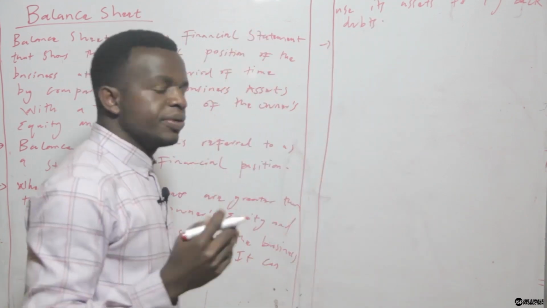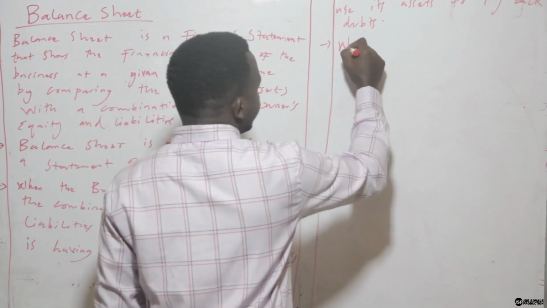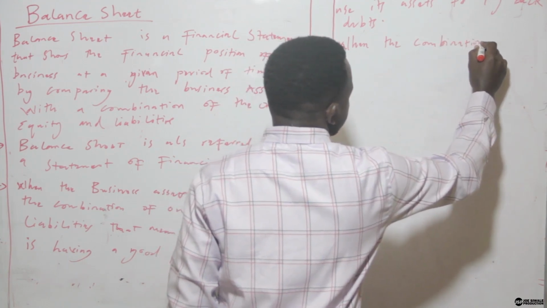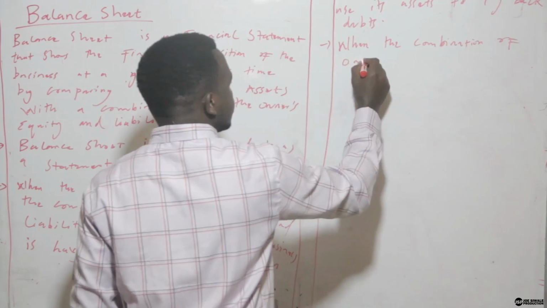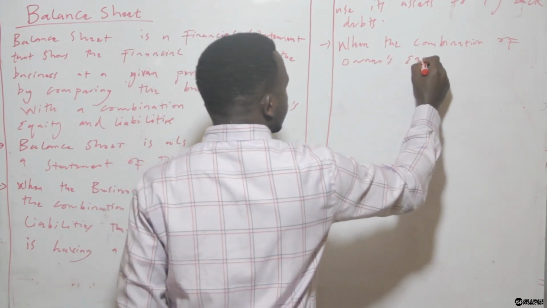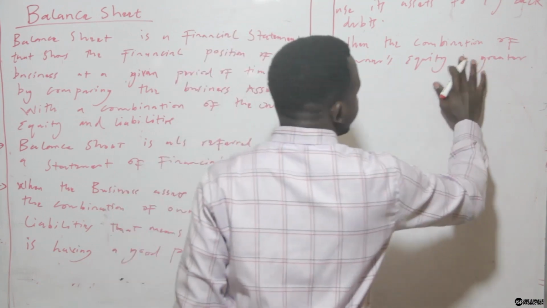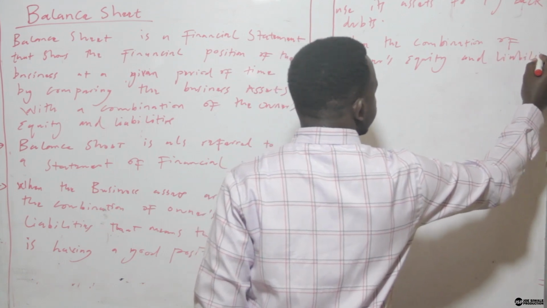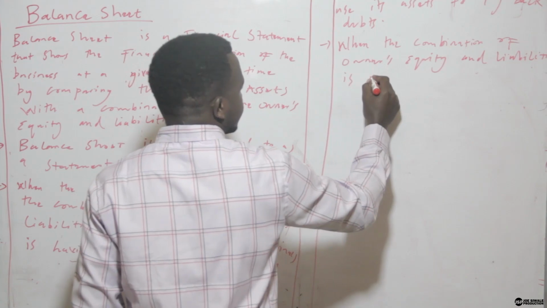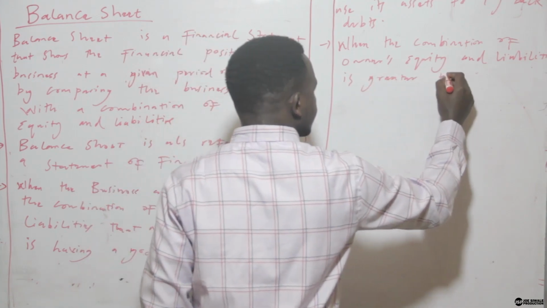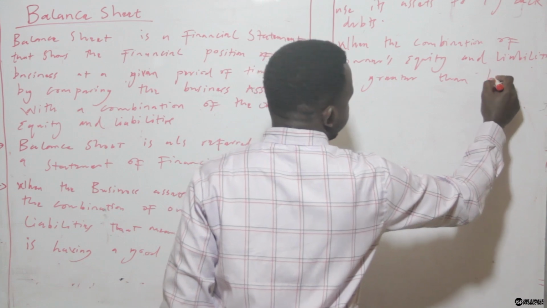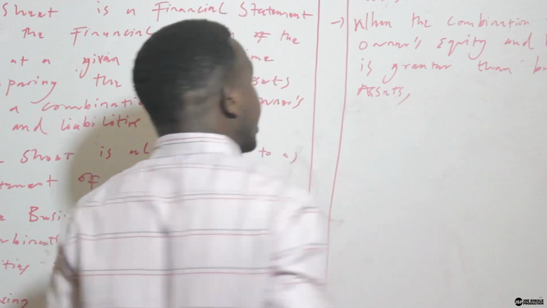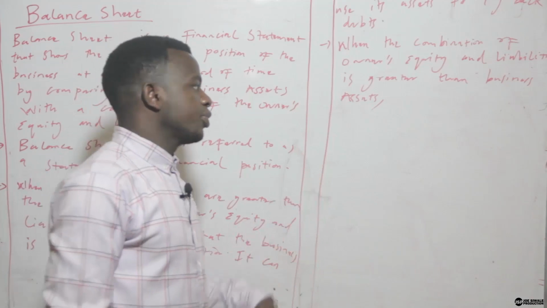And the second instance, we have said when the combination of owner's equity and liabilities is greater than business assets, that business is having a bad financial position.